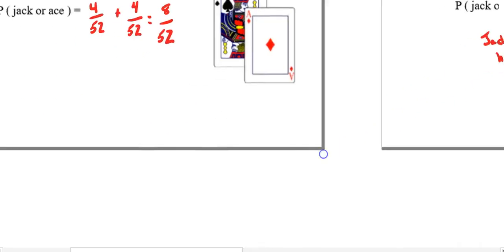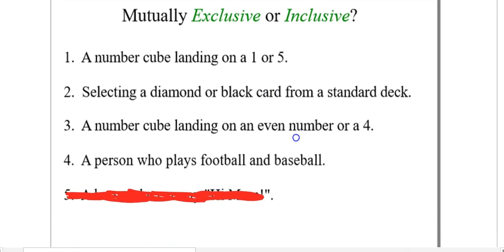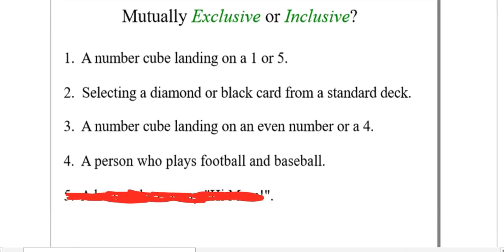Okay, so I'm going to slide over to the next screen. The first thing you have to do when you're trying to answer these sorts of questions is to figure out whether you're dealing with an exclusive or an inclusive event. So when you're thinking about a number cube landing on a 1 or a 5, a number cube is just a dice.